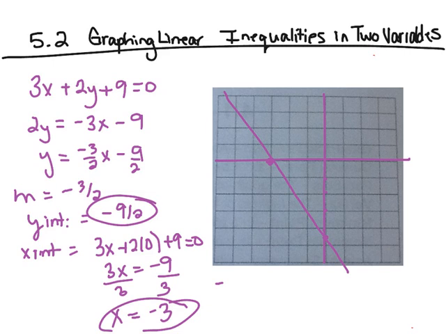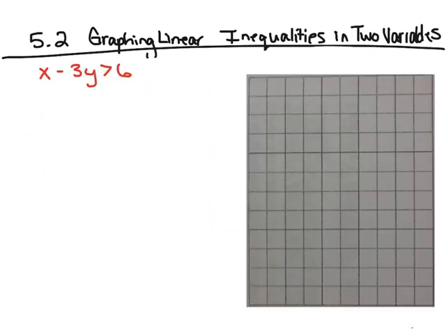I don't care which way you choose to graph, as long as you are comfortable doing it. If it is in this form, the quickest way is to find your intercepts. If it is in this form, it's quickest to plot your intercept and then use your slope.